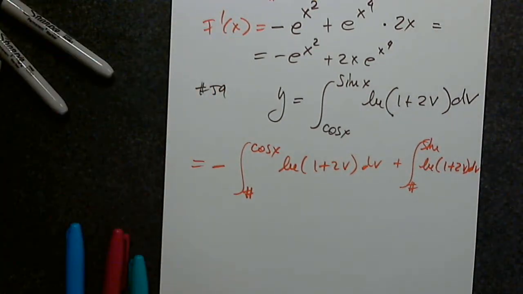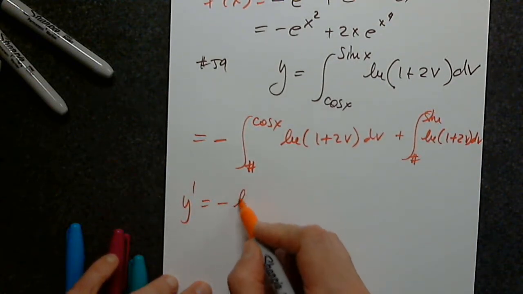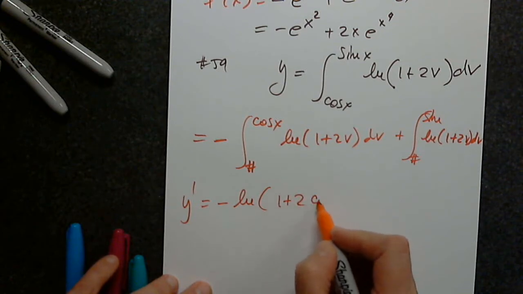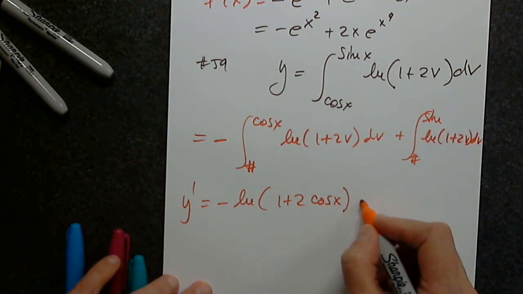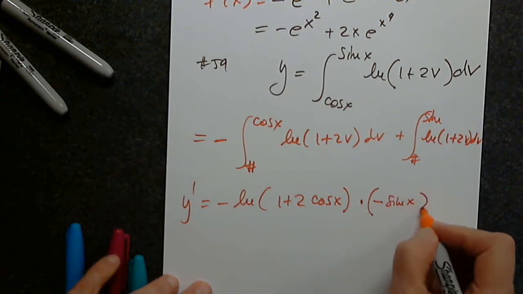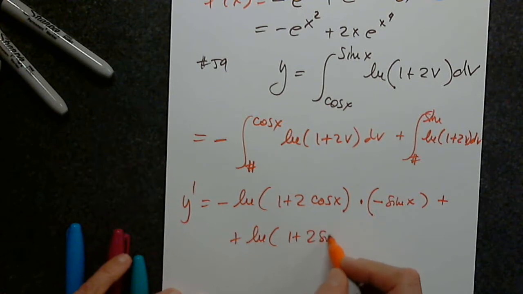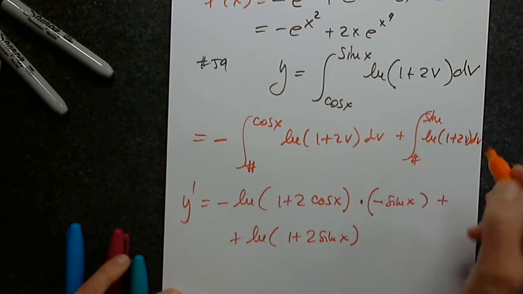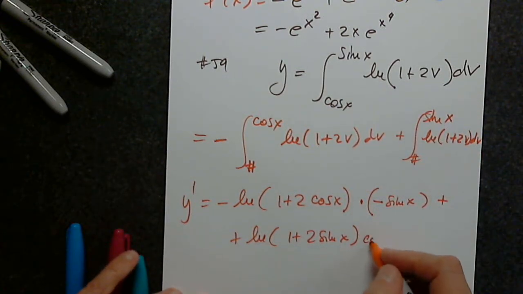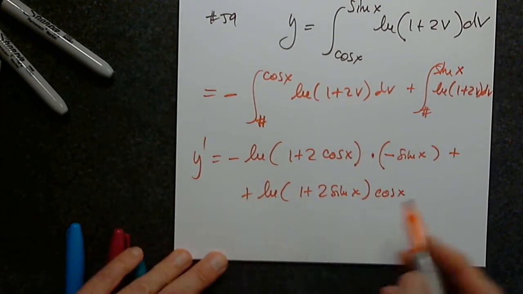Now it is ready for differentiation, so I can write y prime equals negative natural log of 1 plus 2 cosine x times negative sine x, awesome, plus natural log of 1 plus 2 sine x times, yes, cosine x. All I will do, I will change these into positive.